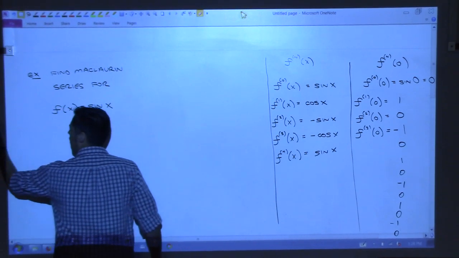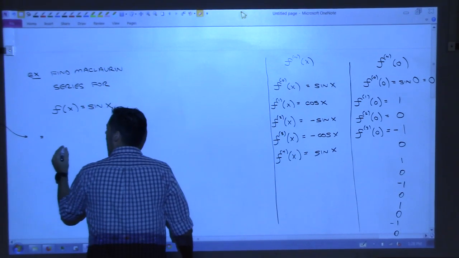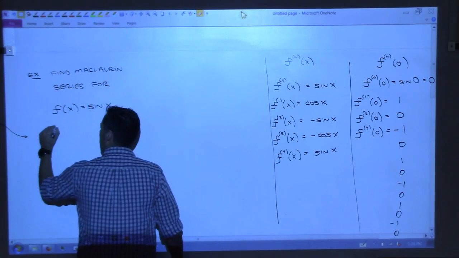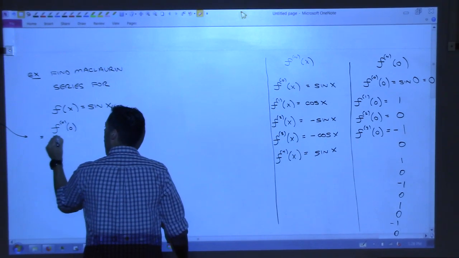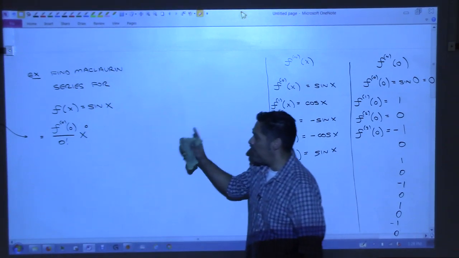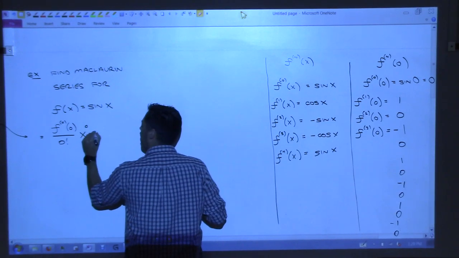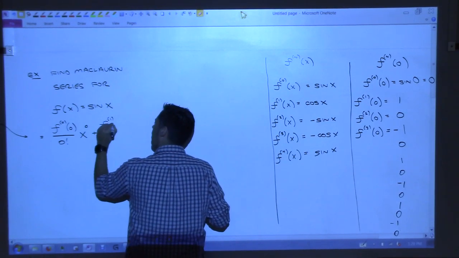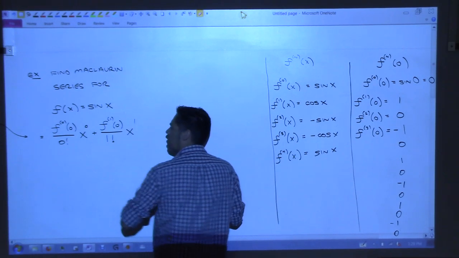So we're taking a look at that series here. Remember, this really means if we plugged in 0, it would be the 0th derivative at 0 over 0 factorial x to the 0. That's what would happen if I plug 0 in, right? Then it would be plus. Now let's plug in 1. So the first derivative at 0 over 1 factorial x to the first.